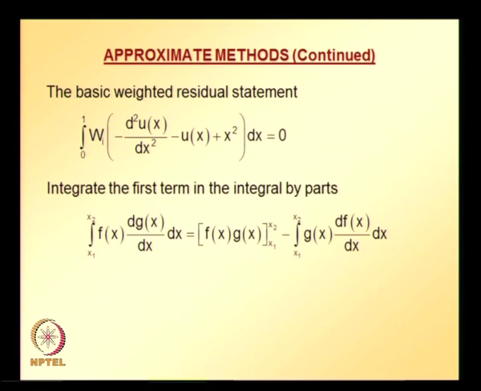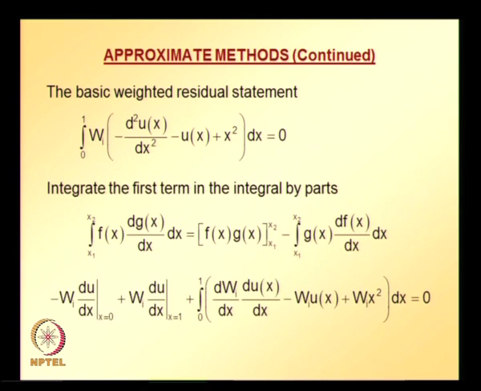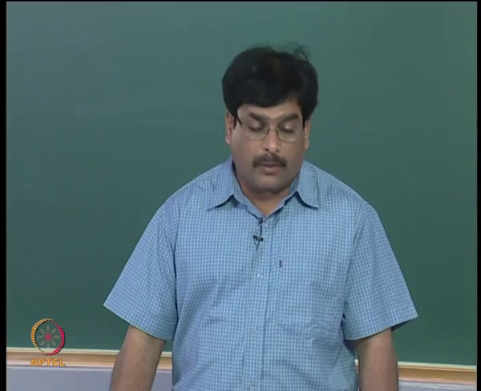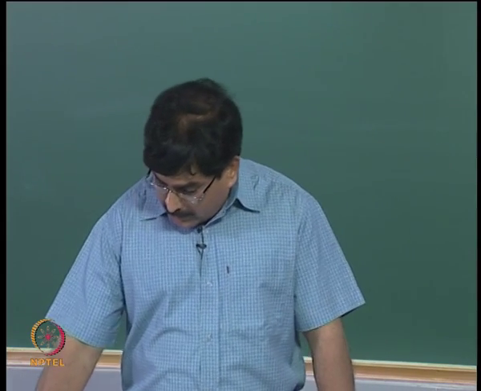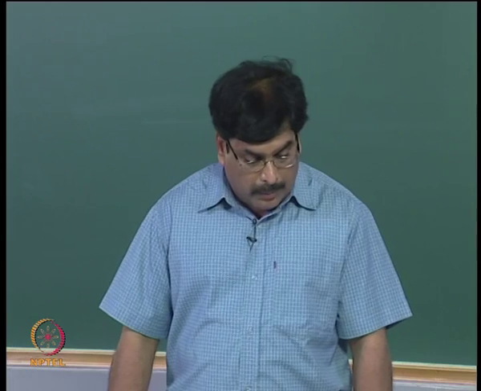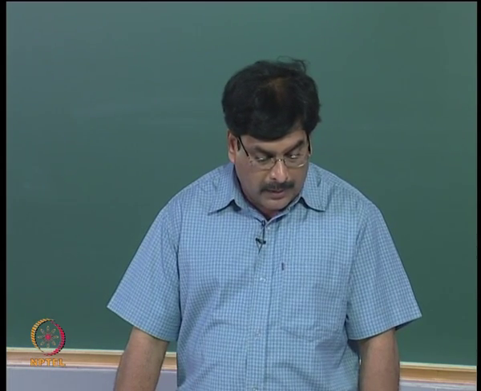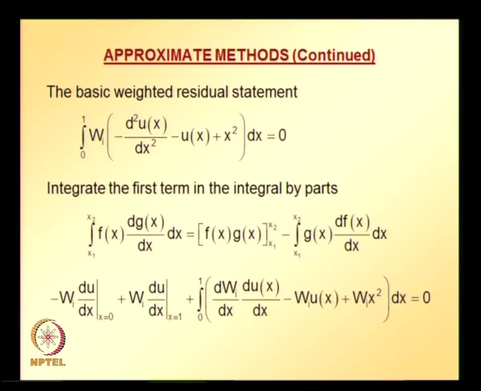So using this formula, we can rewrite the first term without having the second derivative of u. So the derivative of u in the first term can be reduced using integration by parts, and after doing that and substituting back into the first equation, we get the equation which is shown at the end.